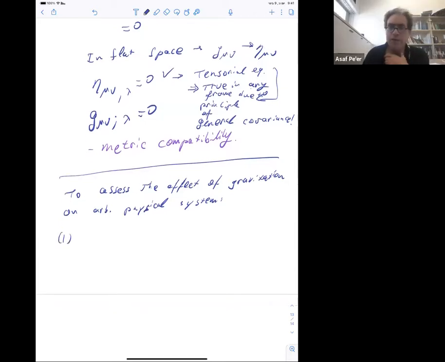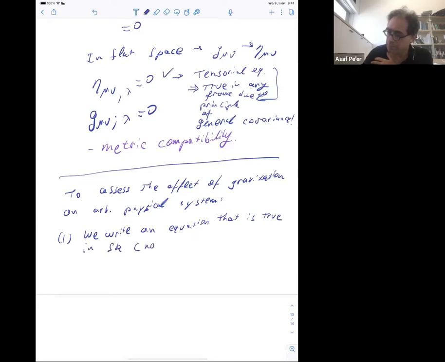The first thing is that we write an equation in SR, which holds in the absence of gravity. We write an equation that is true in SR, no gravity. SR is special relativity.